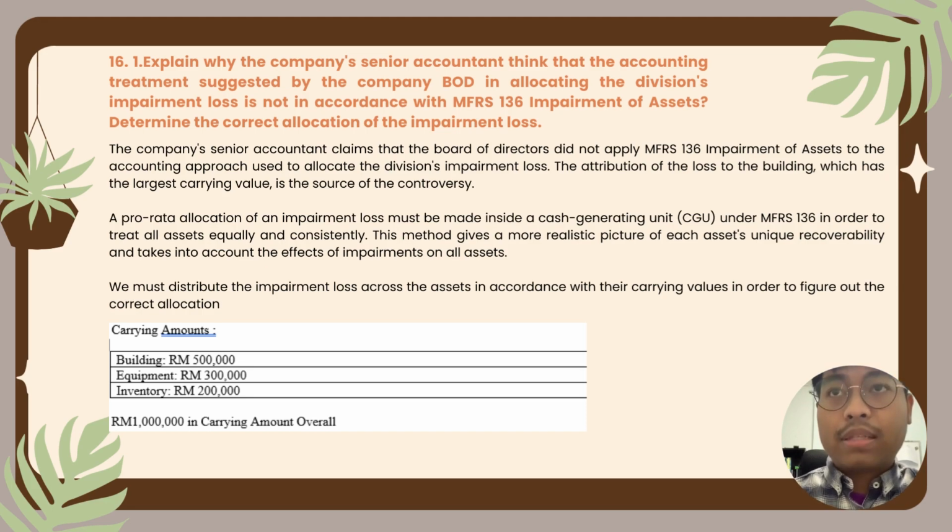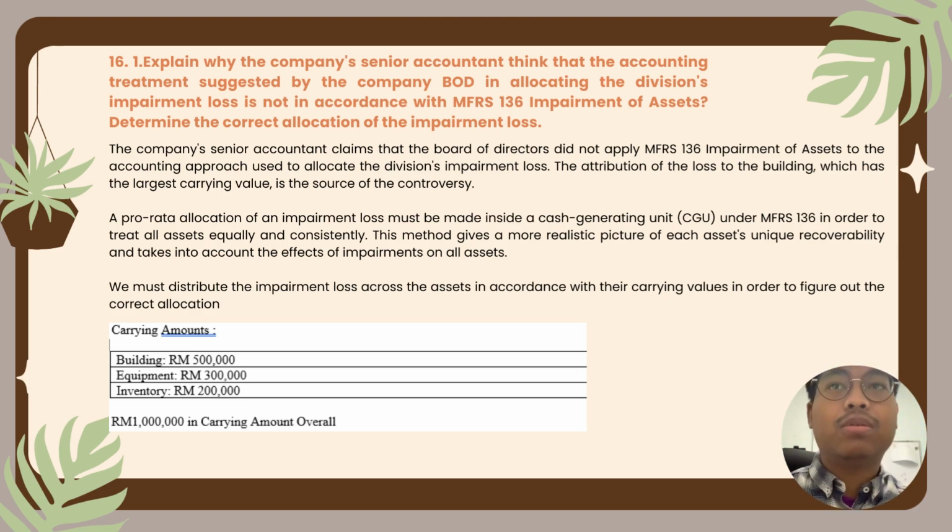A pro rata allocation of an impairment loss must be made inside a cash generating unit under MFRS 136 in order to treat all assets equally and consistently. This method gives a more realistic picture of each asset's unique recoverability and takes into account the effects of impairments of all assets.